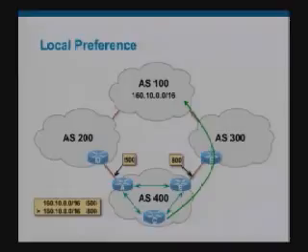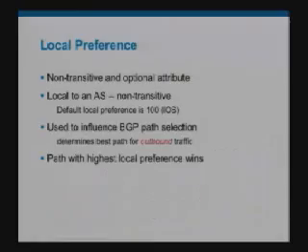If you can figure out how to set a local preference on your network, you're well on the way to being able to set up multi-homing, load balancing for your network itself. Right? So remember, no matter what anybody else does, you can override that with local preference for that particular prefix. Okay, so that's the local preference attribute.